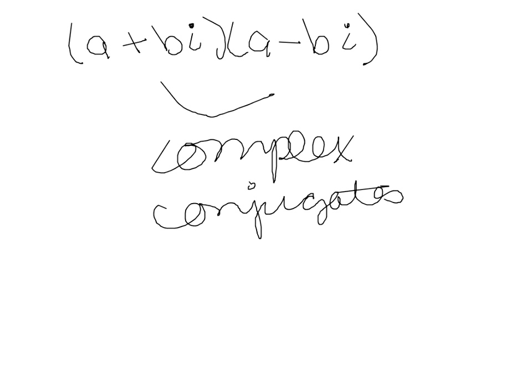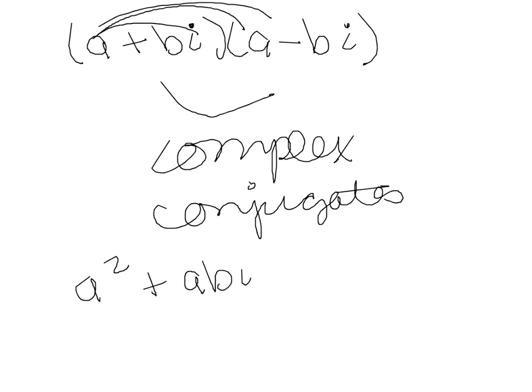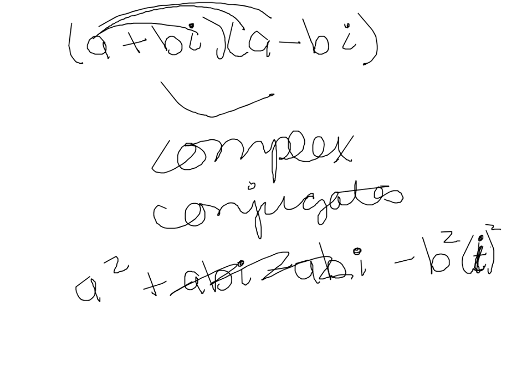So let's look at one more. We can see that when I expand this, a times a is a squared plus abi minus abi minus b squared times i squared.